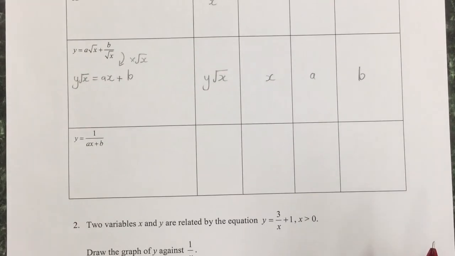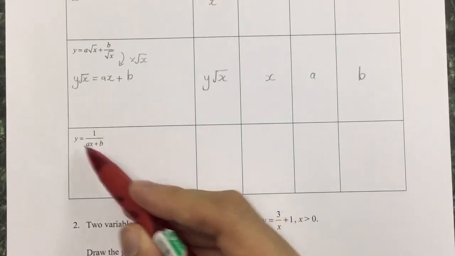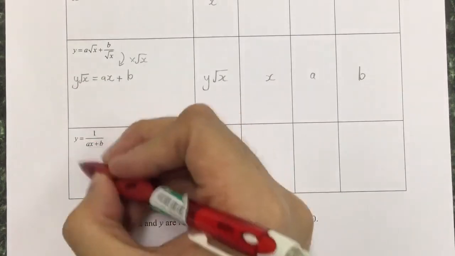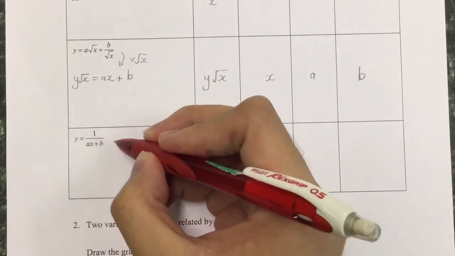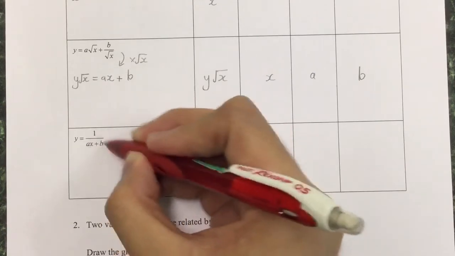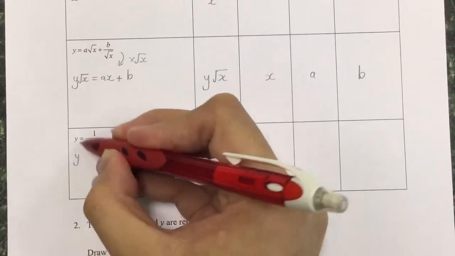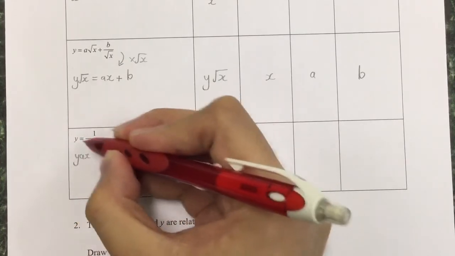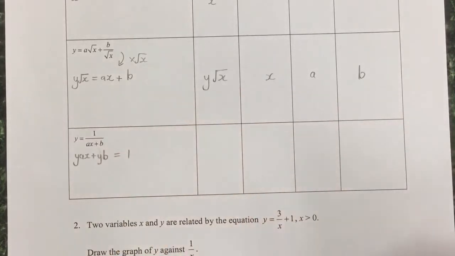Now last but not least, this one definitely doesn't look like two terms where I have mx plus c. So I'm going to have to do something first. Yes, I'm going to cross multiply, or rather multiply by the expression ax plus b on both sides. So I'll have y times ax and y times b equals to 1.